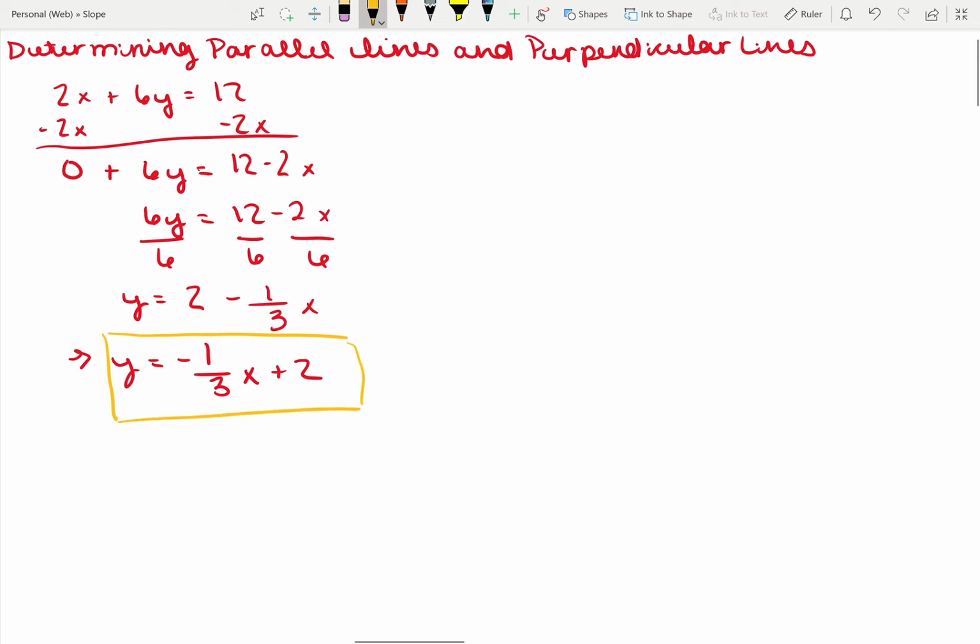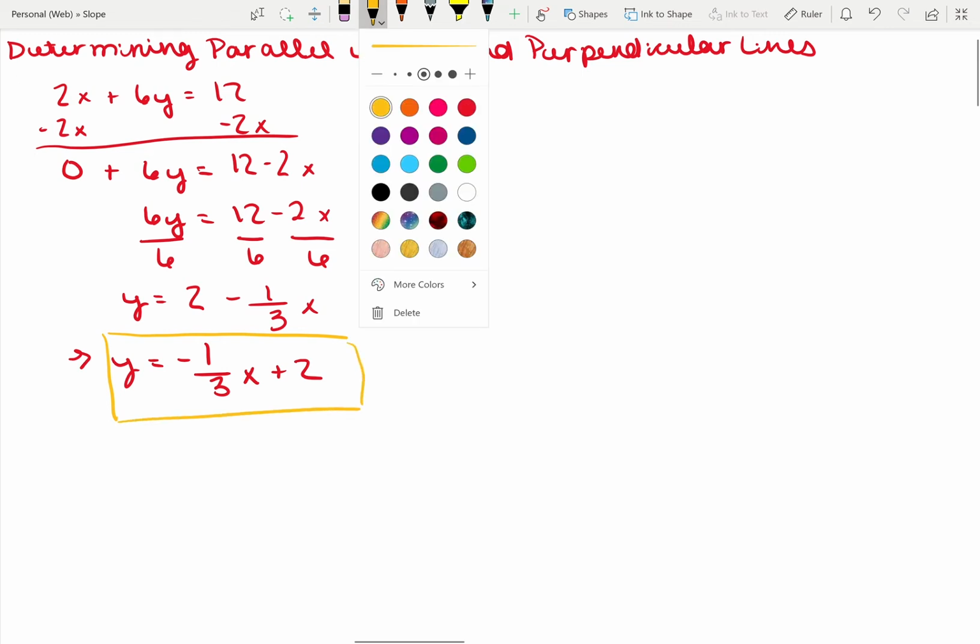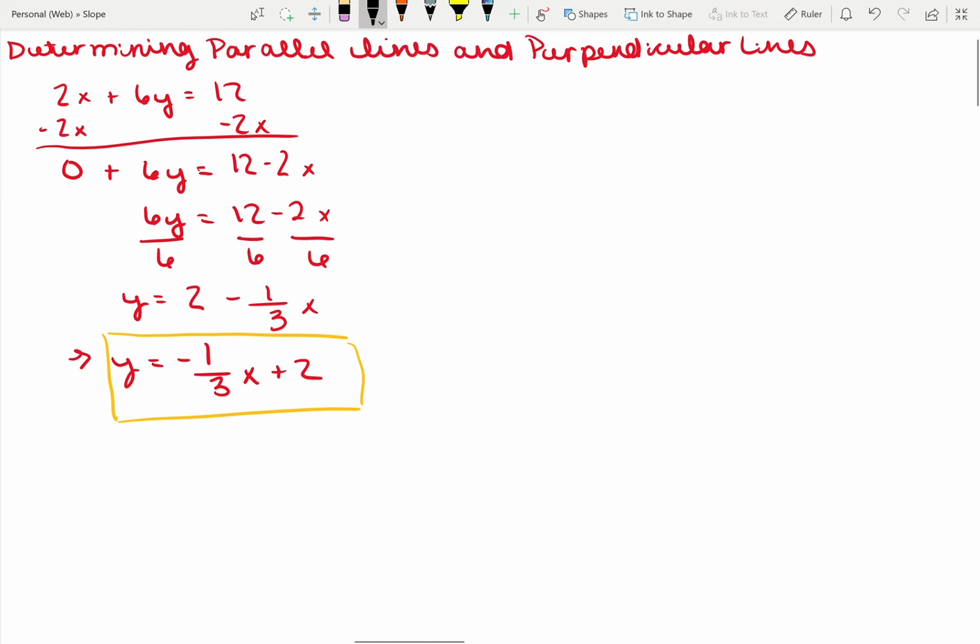Now, what would be considered parallel to this line? A line parallel to the given line would have the same slope.